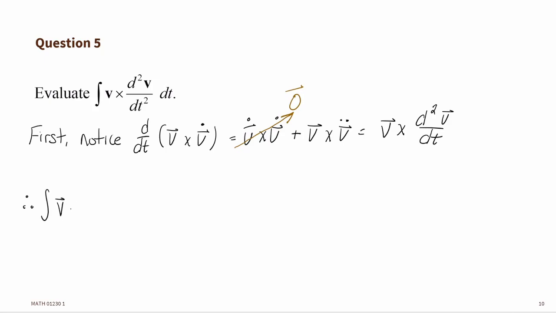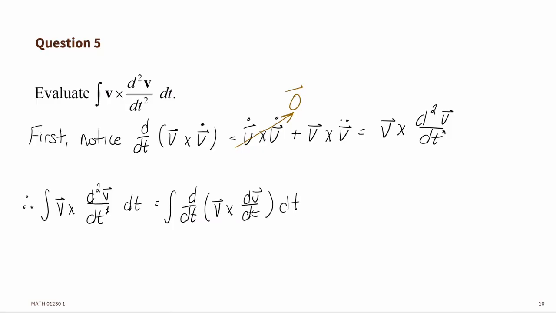Our antiderivative then becomes the antiderivative of d dt of v cross dv dt, dt, and that is just v cross dv dt plus some constant vector.